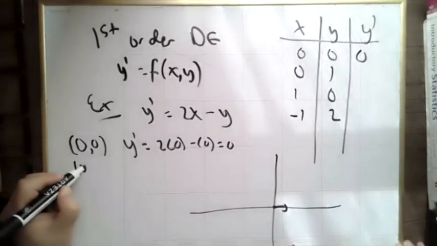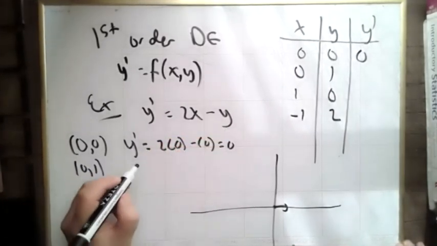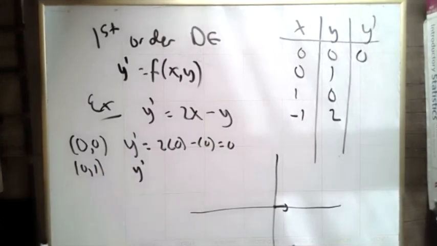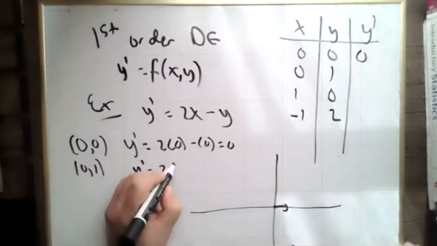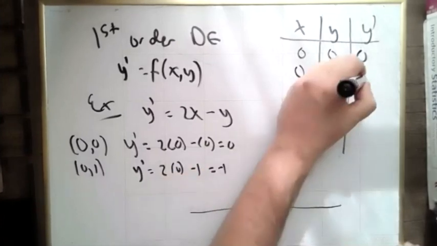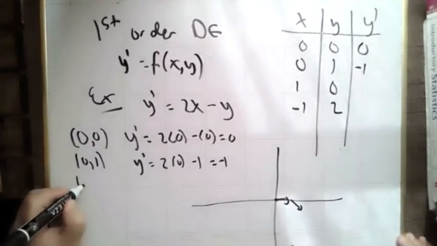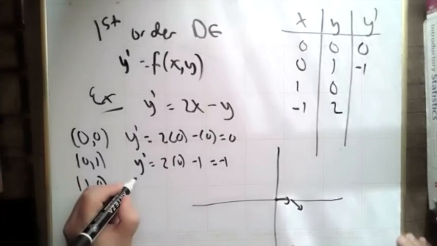What was the next one? It was (0, 1). So 0 for all the x's, 1 for all the y's. Y prime will be 2 times 0 minus 1. I think that's -1. So at the point (0, 1), I'm going to plot a unit vector that has slope -1. Then (1, 0).